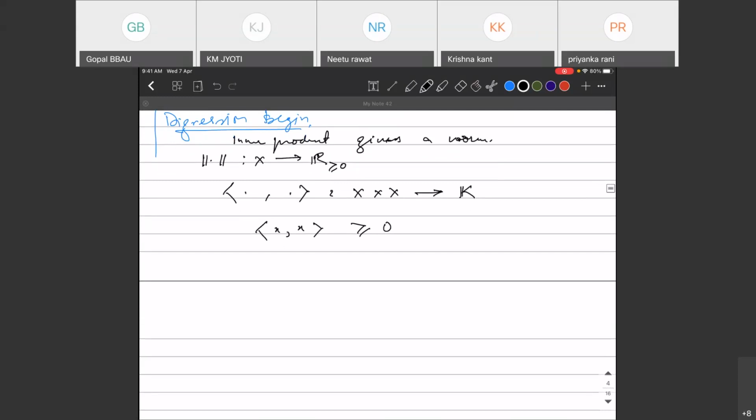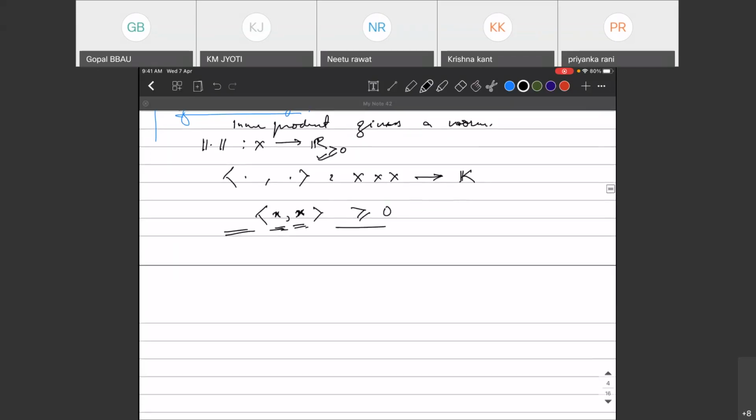So if we take such things, we are taking vectors from X only, there is only one vector from X, and it takes values in non-negative real numbers.